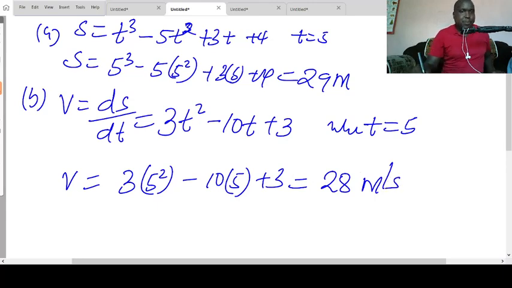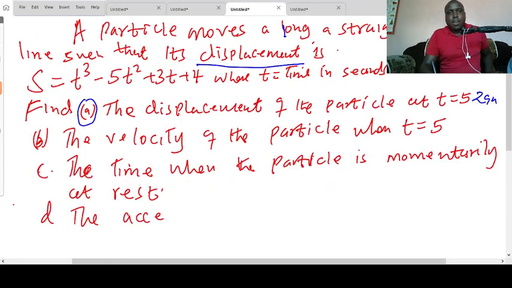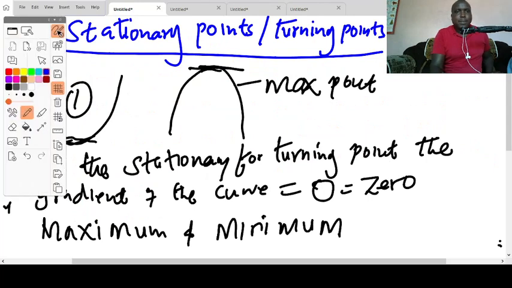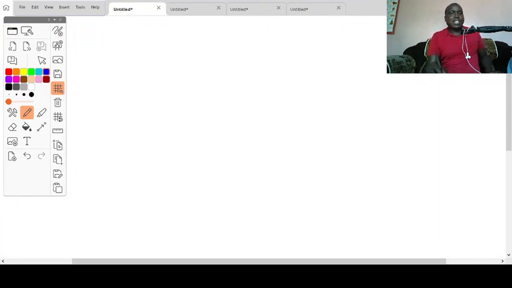And that is it. Now the question C says, find the time when the particle is momentarily at rest. That is the key word. A particle is momentarily at rest when velocity is equal to 0. Mark that.